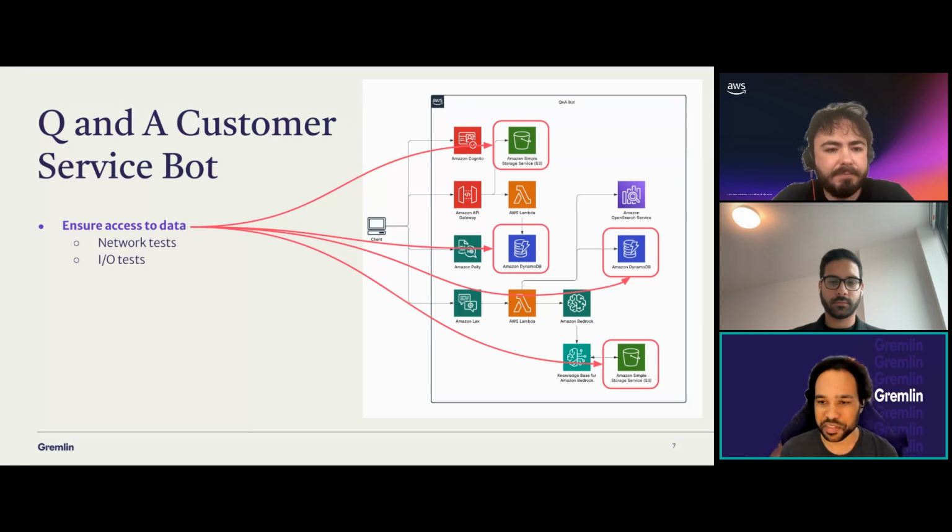Kind of like Dylan was mentioning earlier, AWS's services are mostly managed. So unfortunately, you can't just go into AWS's systems and start causing things like slowdowns. They'd get really upset, and also that's not possible. So instead, what you can do is focus on your own application's connection to these other systems that you depend on. So what happens if your application or your front end loses connection to S3 or DynamoDB or Cognito or whatever it might be?